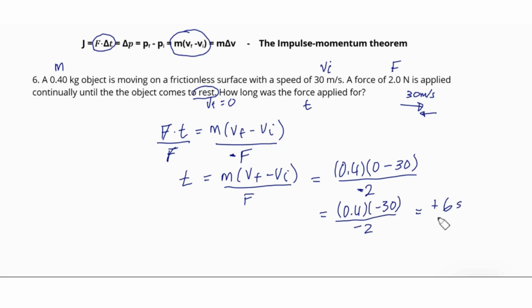So that tells you that you would have to apply a force of 2 newtons for 6 seconds to a 0.4 kg object to slow it down from 30 meters per second to rest, to 0. So that completes the simple example problem. Let's look at some more.